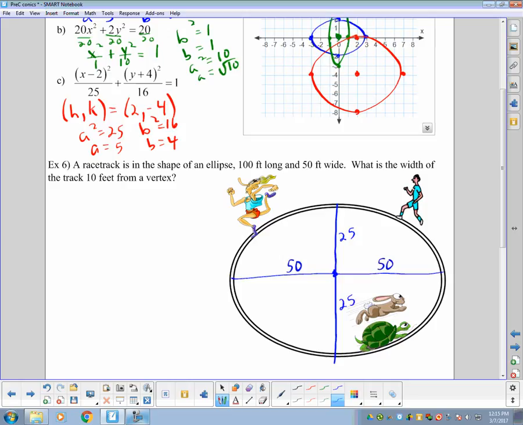And 25. Okay? We get to decide, guys, where we're going to place this track on our graphing grid. So we want to probably place it at the origin, center of the origin, right? Might as well, since we get to decide. So our equation is going to look like this. It's x squared over 50 squared plus y squared over 25 squared equals 1.